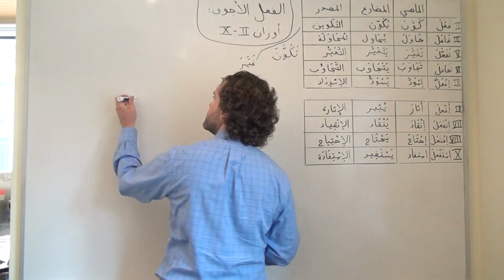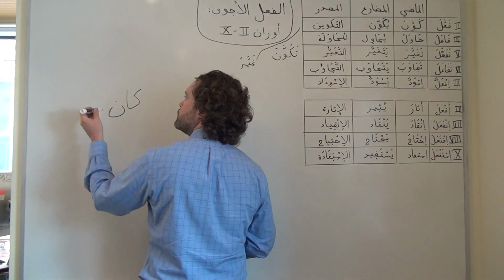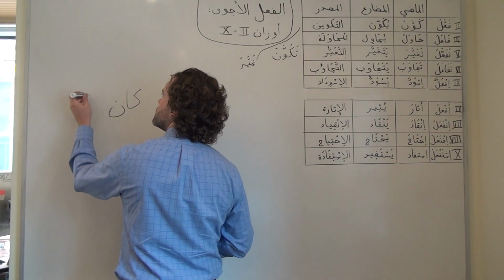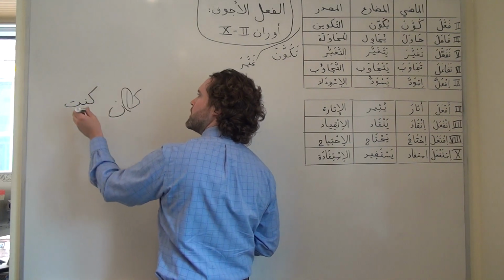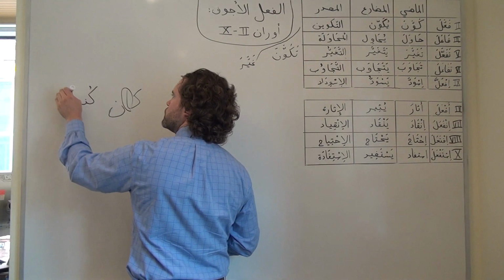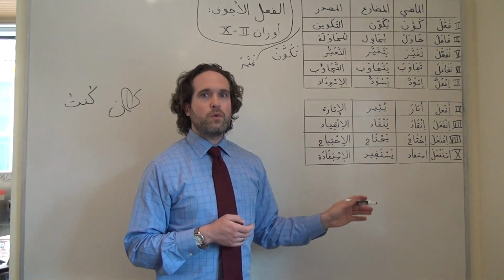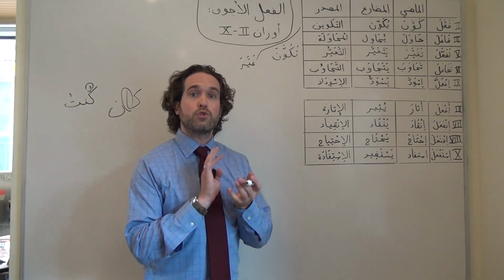So if you think of kana, a verb you probably know, you know that if you're conjugating it for first person singular, you drop that vowel and you wind up with kuntu. Same thing with all of these, except that we don't need to worry about any unpredictable vowels there. We're just going to drop the middle letters.